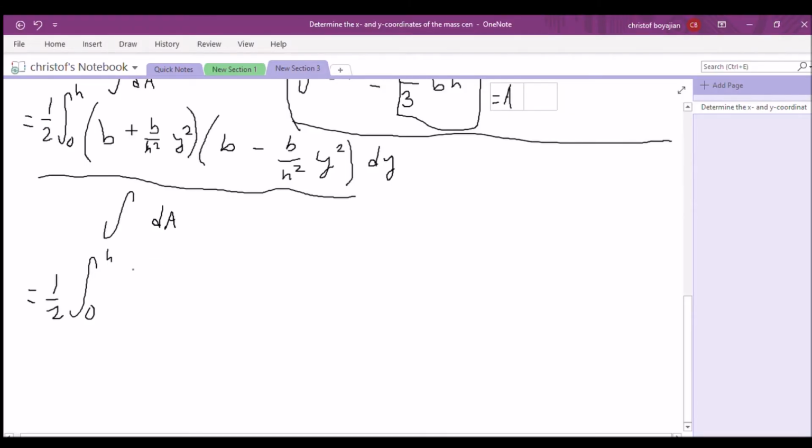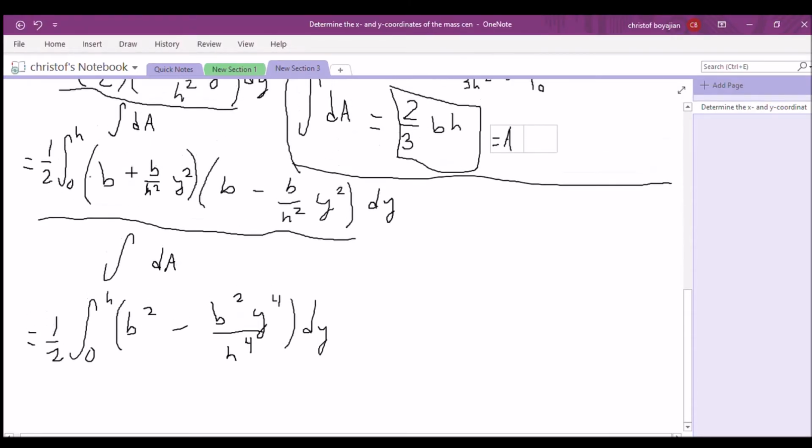It's going to simplify to b squared minus b squared y fourth over h fourth times dy, right?